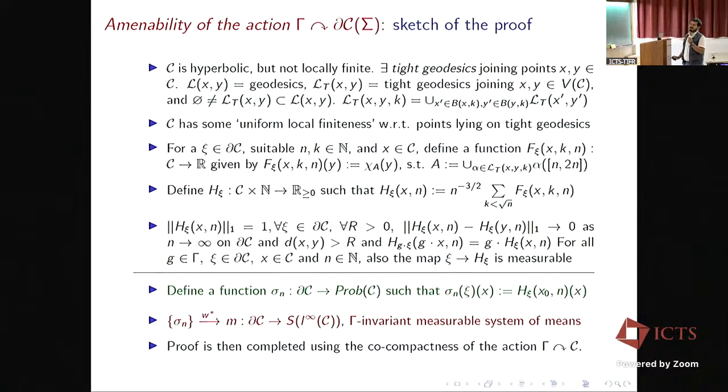And because of this uniform local finiteness, this set has a finite size. So he defines this function, and you average them in a certain way. And this assignment gives us the things that we require.